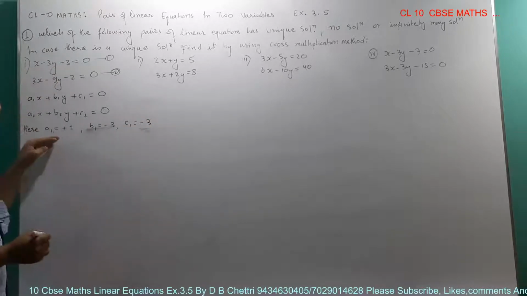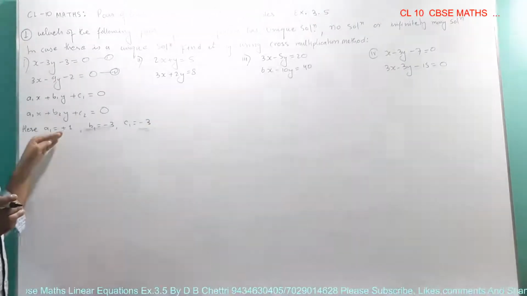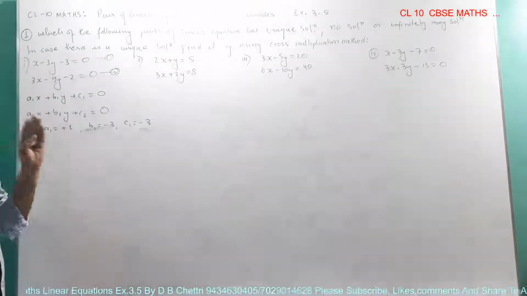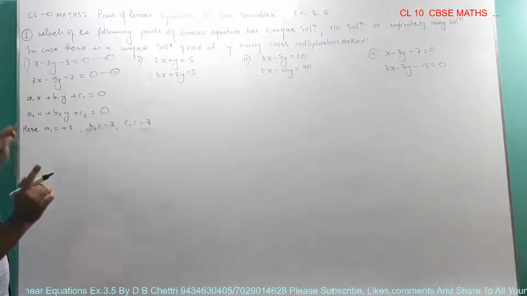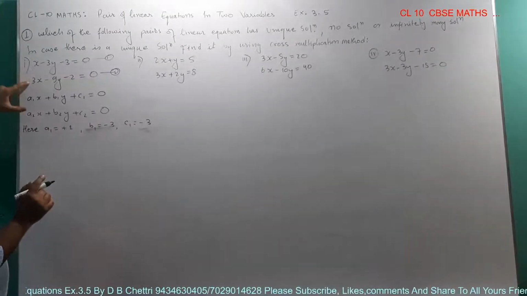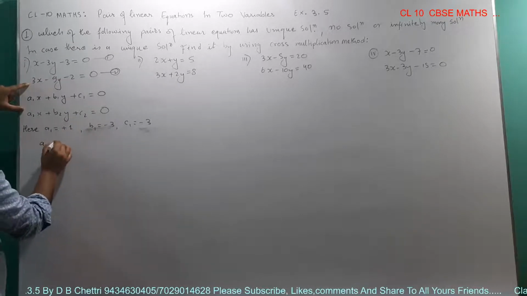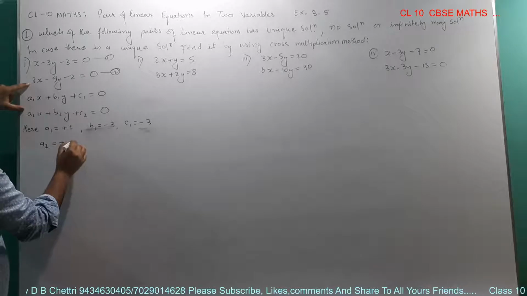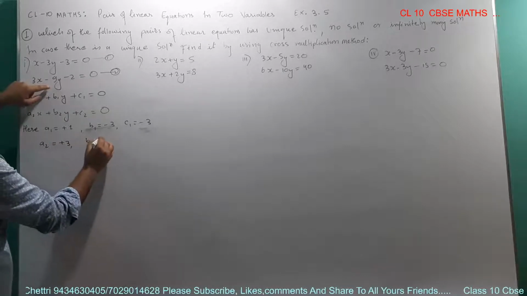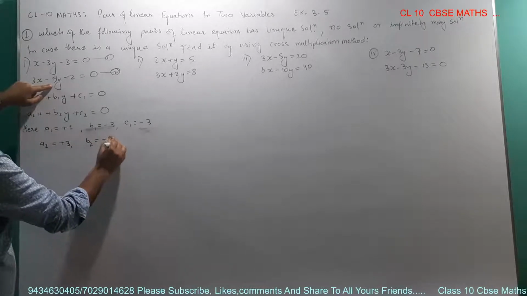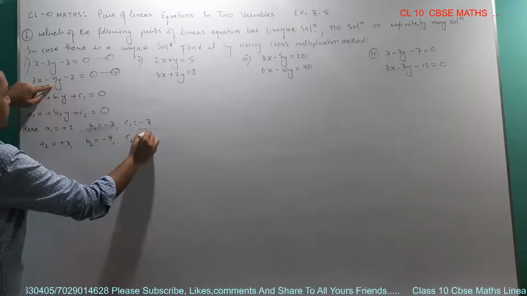I said while writing the values of a1, b1, c1, write with their proper sign. That is very important. Then from the second equation we get the a2, b2, c2 values. a2 is plus 3, b2 is minus 9, then c2 is minus 2.